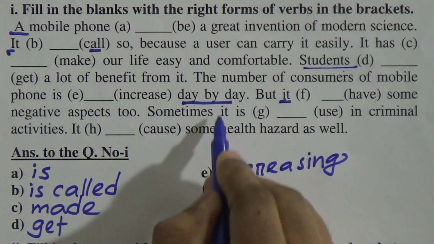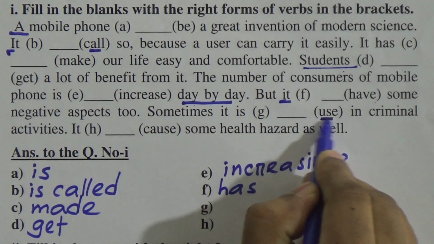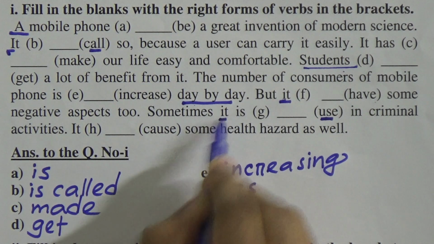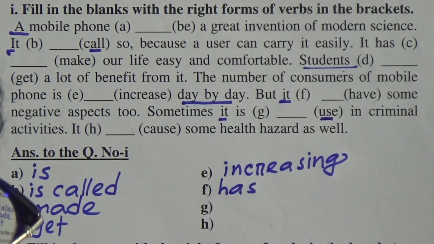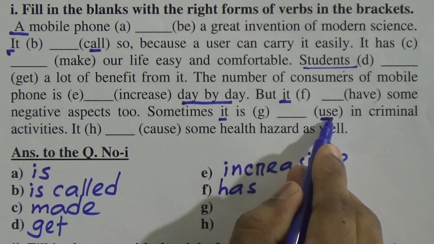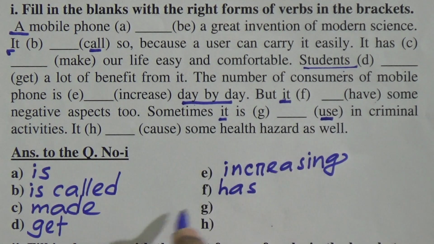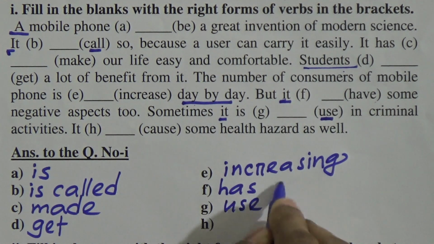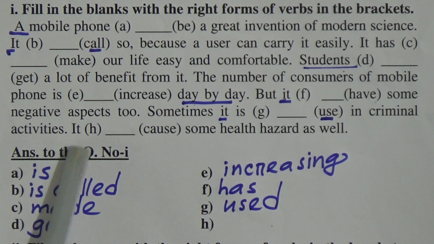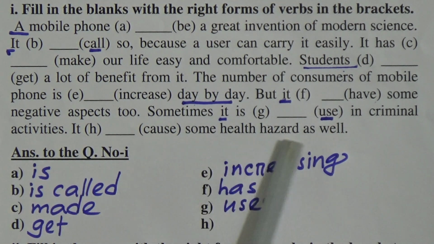So look, the function of the verb doesn't do the subject. It is used in the criminal activities. The criminals, the terrorists used it. That's why we have to put it in passive voice. That's why we have to do it used. It is used in criminal activities. It dash some health hazardous as well.